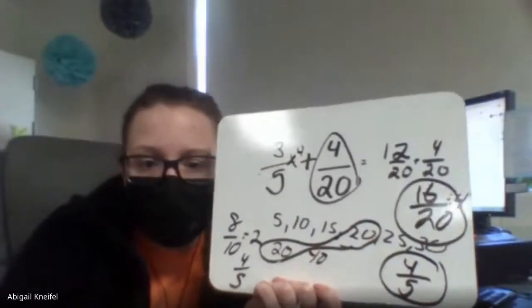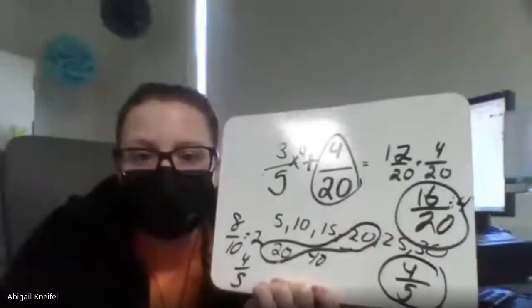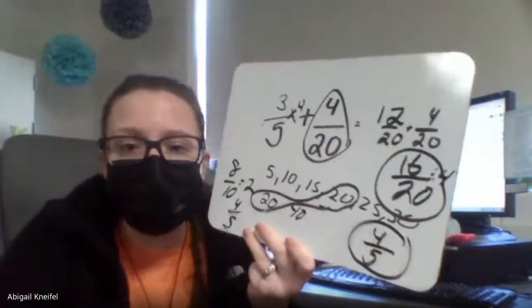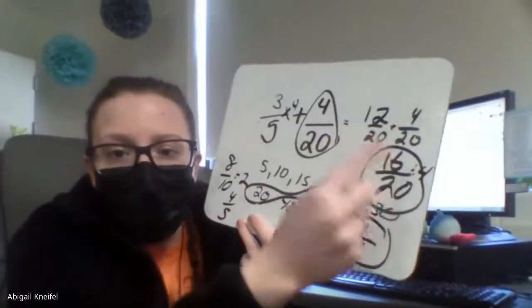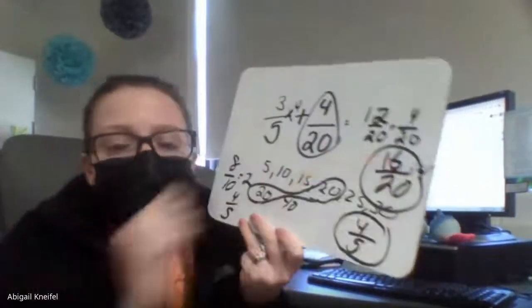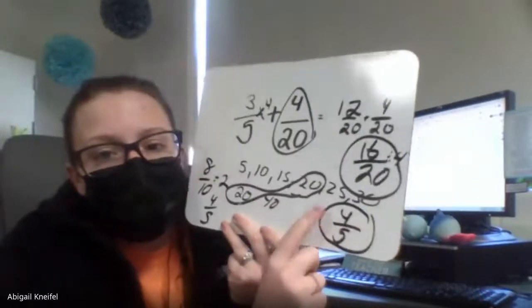What questions do we have? Landon. I got 16/20s. That is literally what my answer was, but that's not as simple as it goes, Landon. Right here, I had 16/20ths, but that's not simplified. So we had to divide. If you divided it by 4, you would get the lowest, which is 4/5.